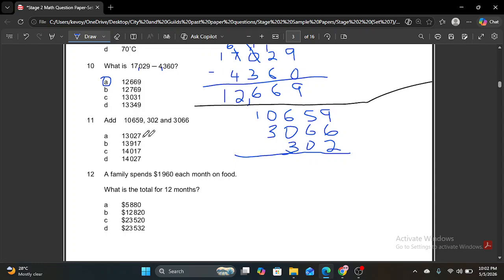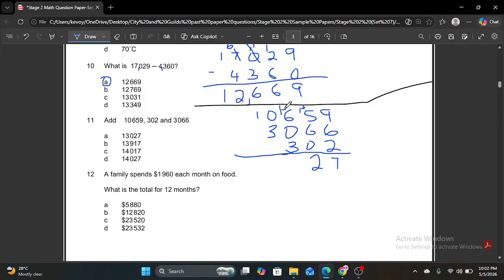So when we add these together, we have 9 plus 6, that's 15. 15 plus 2, that's 17. So put down the 7 and carry the 1. So 1 plus 5, that's 6. 6 plus 6 is 12. And we have a 0 down there, so put down the 2. Carry the 1.